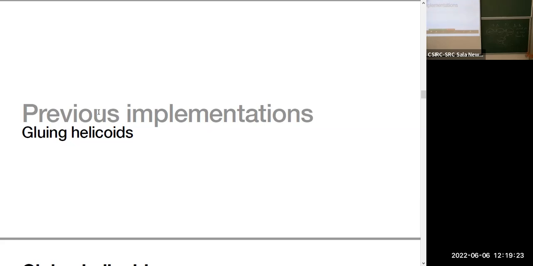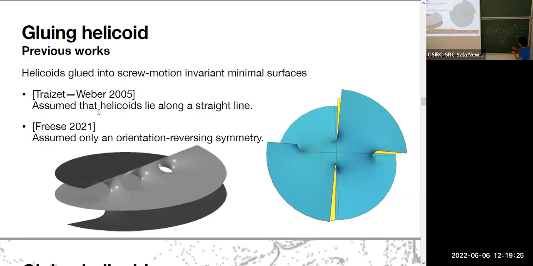And Boolean helicoids, it's very boring because we only have to consider two spheres, and we glue just 2 spheres, and between them we can glue as many helicoids as we want.